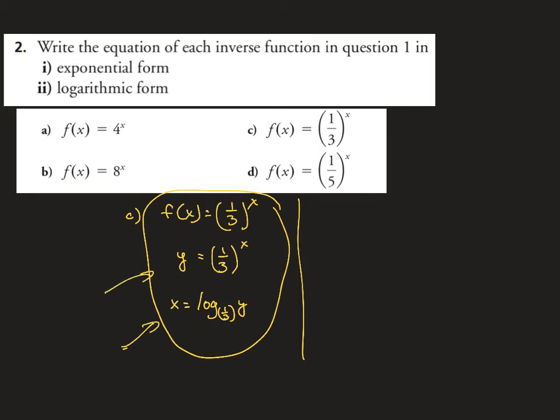The most convenient, though, is going to be this one. These are the same thing, but I like the f of x because then if you want to plug in a 2, you could just write f of 2. For the y equals 1/3 to the x, you have to say at x equals 2, y equals 1/3 to the power of 2. Whereas for f of x, you just write f of 2 equals 1/3 to the 2.